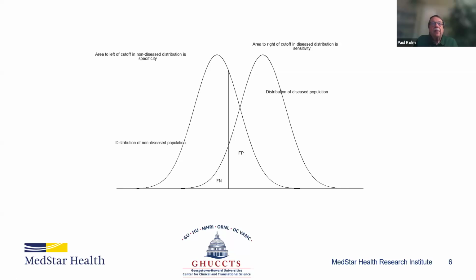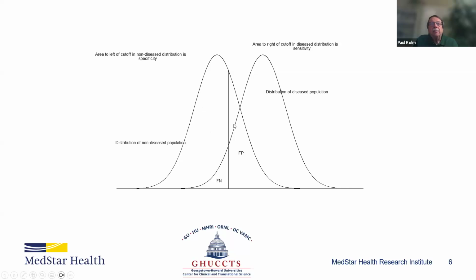If this is our cutoff, the area under the curve of the disease distribution to the right of the cutoff is sensitivity. For the non-disease distribution, the area to the left of the cutoff is our specificity.